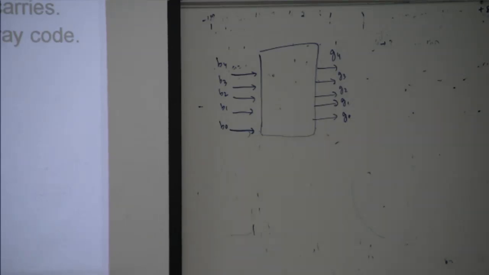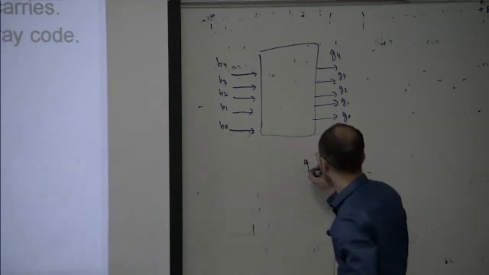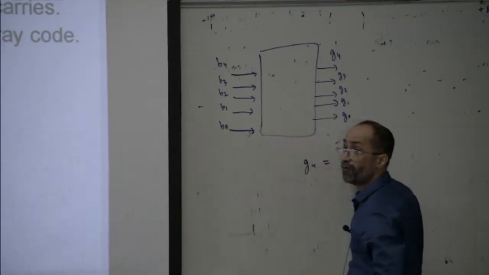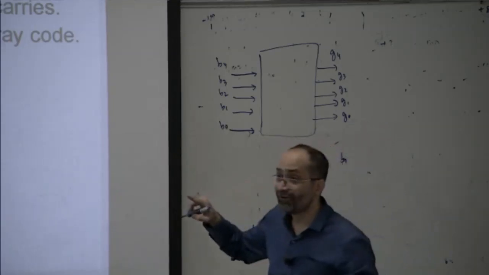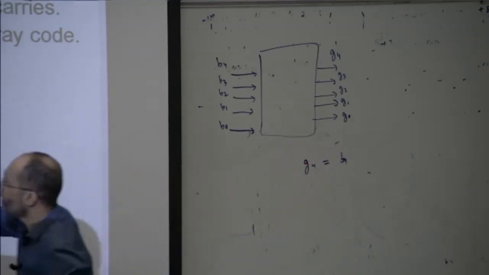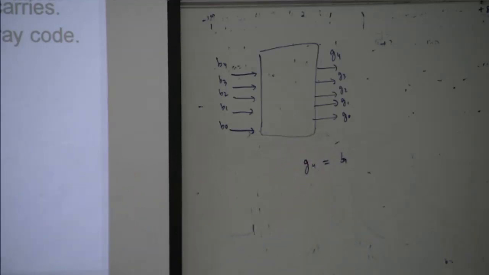We replicate the most significant bit. So what is G4 now? G4 is now B4. If it is 0, we will replicate 0. If this is 1, we will replicate 1. And then we get the other bits.